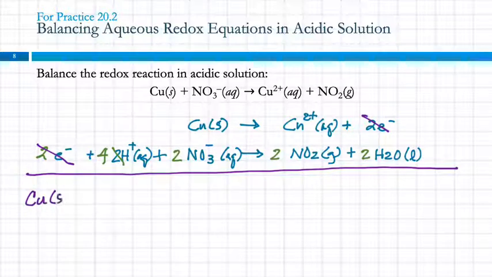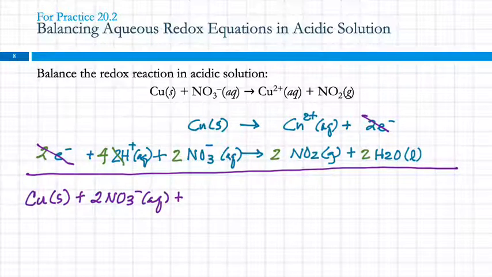I've got solid copper as a reactant, and I have 2 nitrate ions, and I have 4 hydrogen ions. So I took all of these pieces and wrote them here.